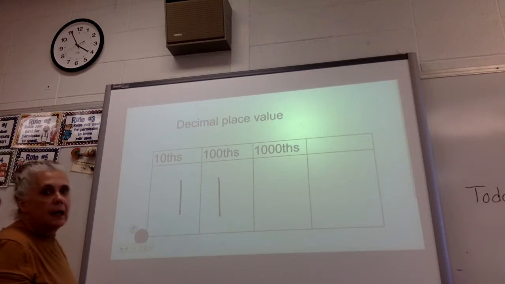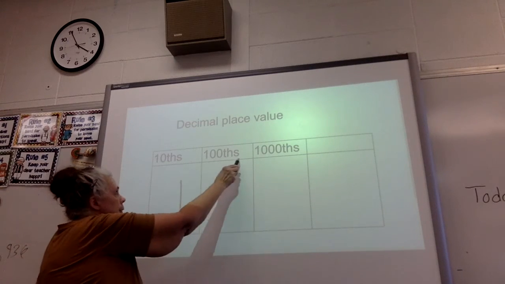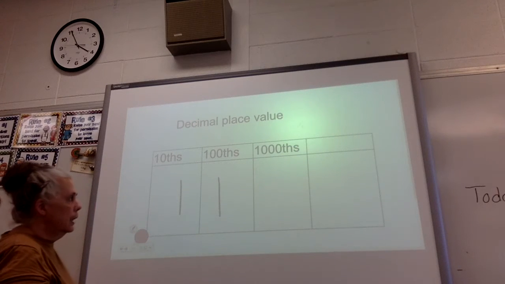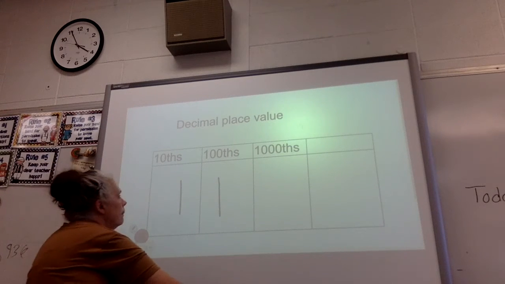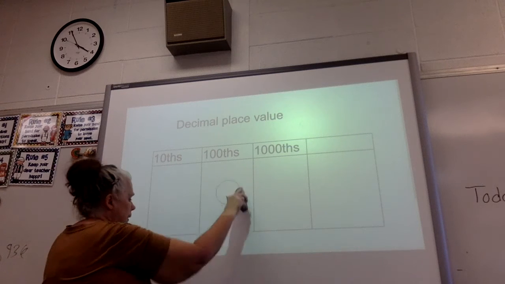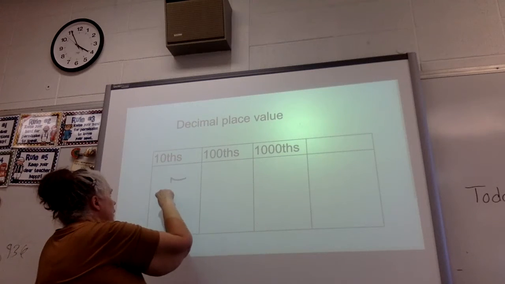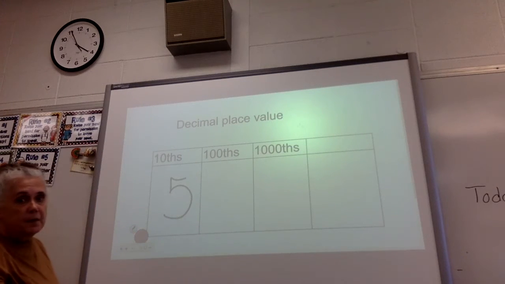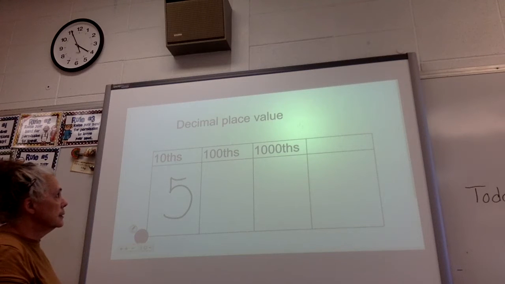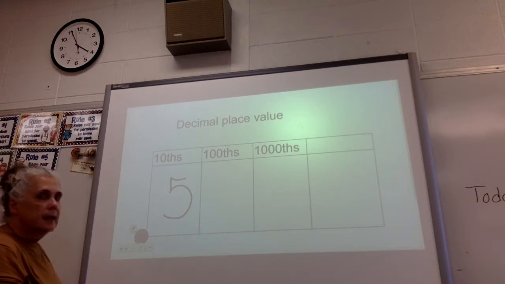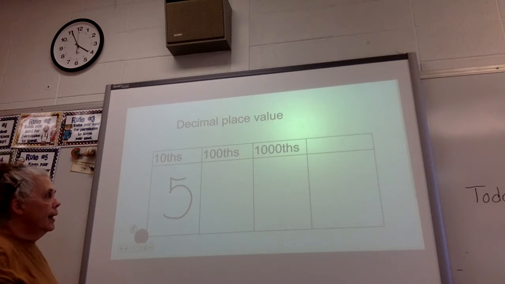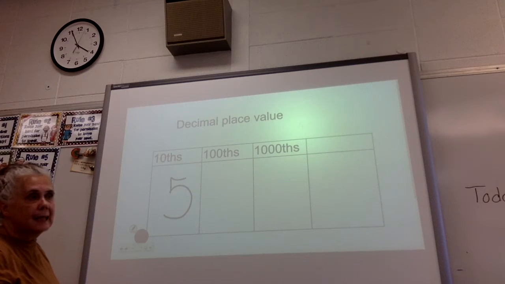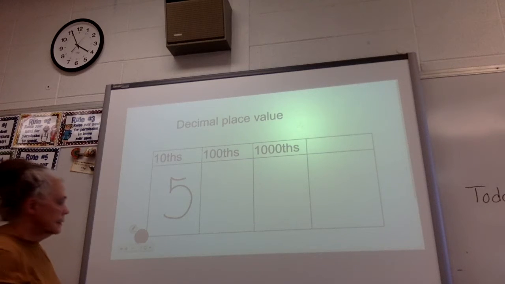This would be 11, last spot is hundredths, 11 hundredths. This would be 5 tenths, because the last spot that is full is the tenths. So reading it's kind of easy. You just figure out what you have there, say it, and then say the THS word that goes with the last spot.